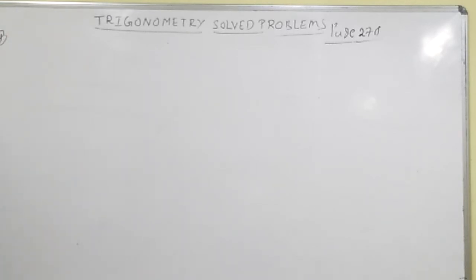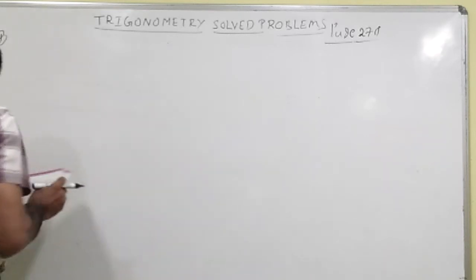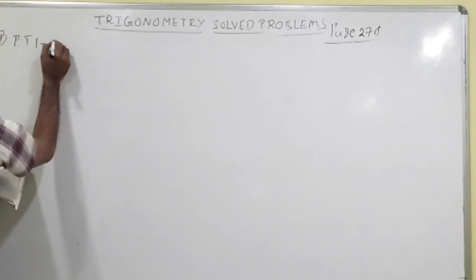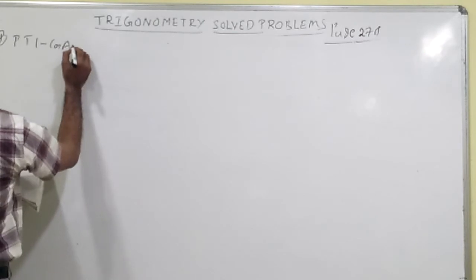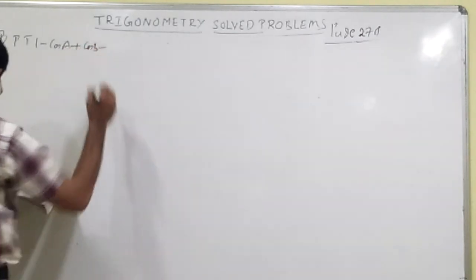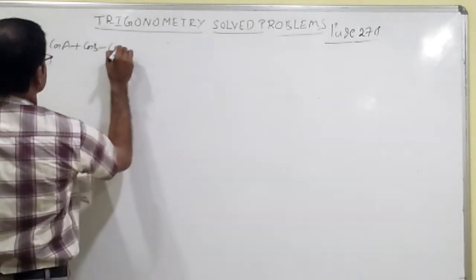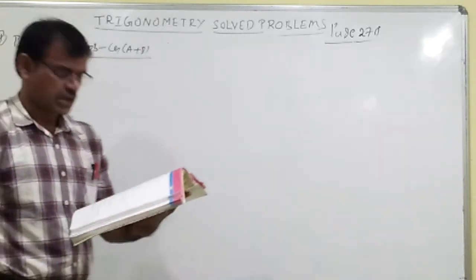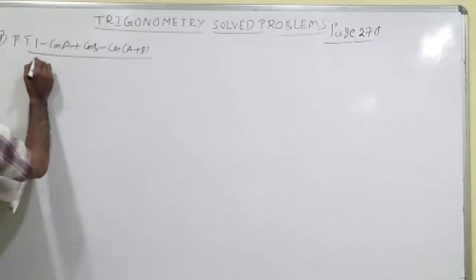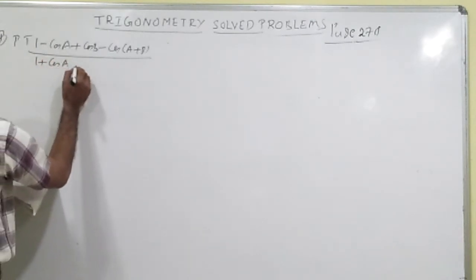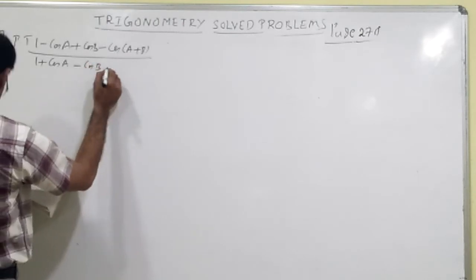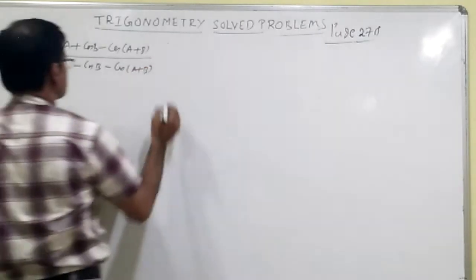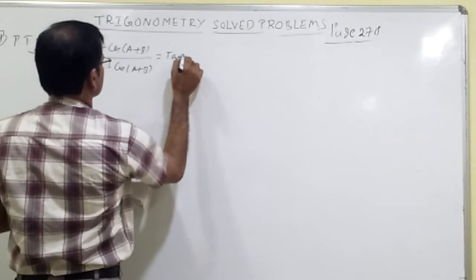Example 8. If none of a, b and a plus b is an integral multiple of pi, then prove that, directly I am writing, prove that (1 minus cos a plus cos b minus cos of a plus b) whole by (1 plus cos a minus cos b minus cos of a plus b) is equal to tan a by 2 into cot b by 2.